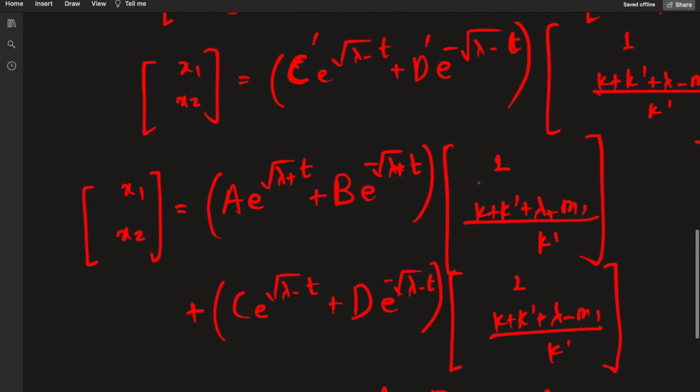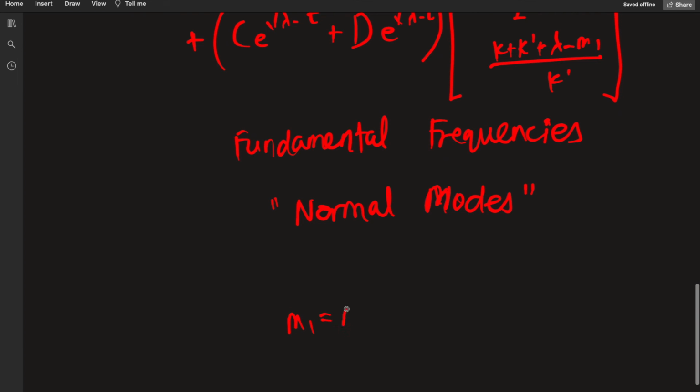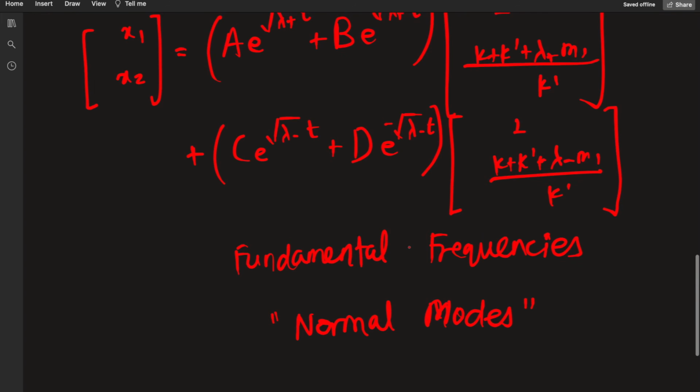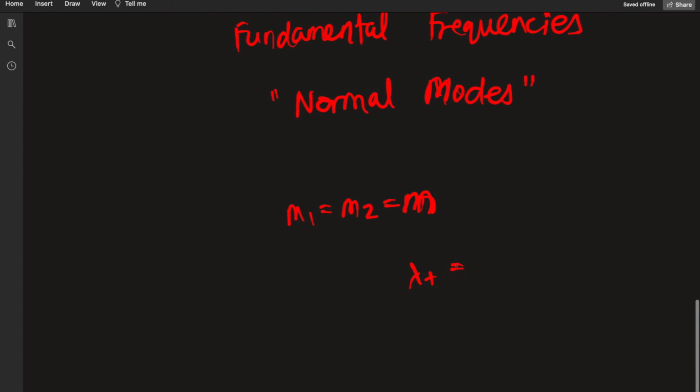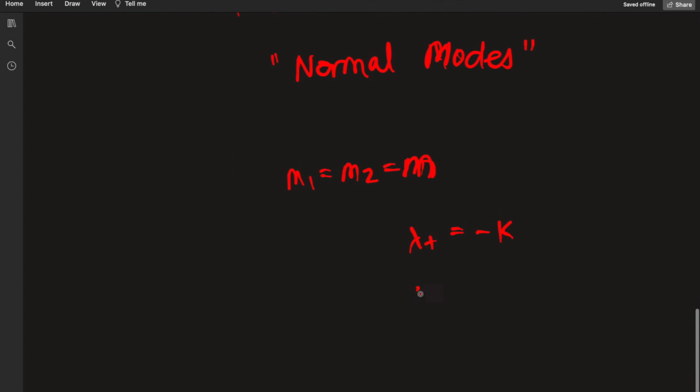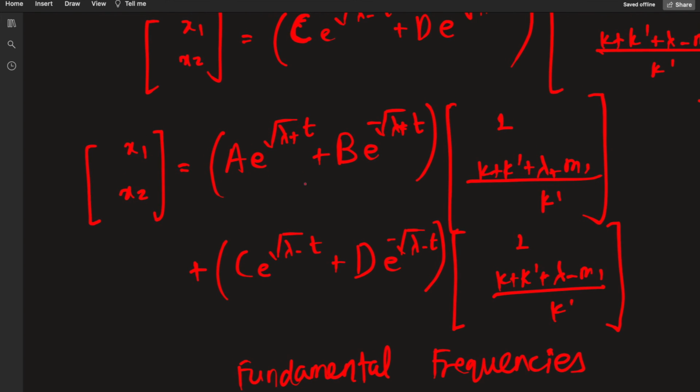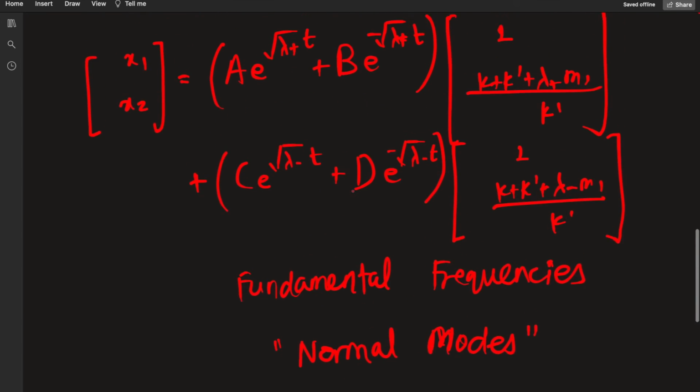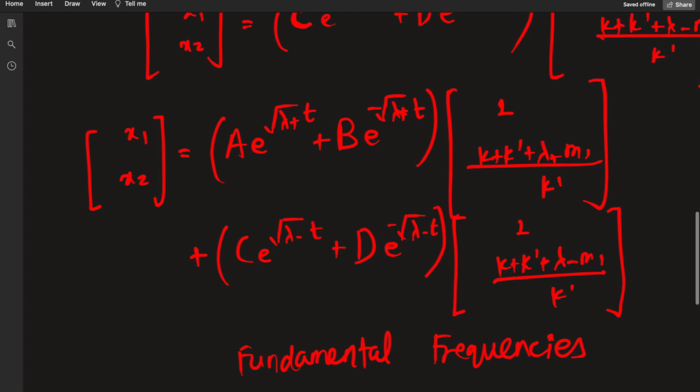And it's interesting to see how if you take m1 is equal to m2 is equal to some m, the lambda plus we get is, I think, negative k, and lambda minus we get is negative k minus 2k prime over m. And then this basically breaks down into sines and cosines, because then the square root of a negative becomes i, and you can write it as a series of sines and cosines.